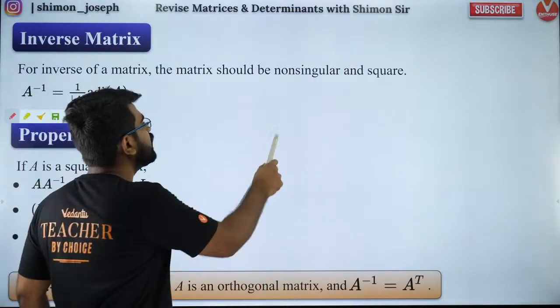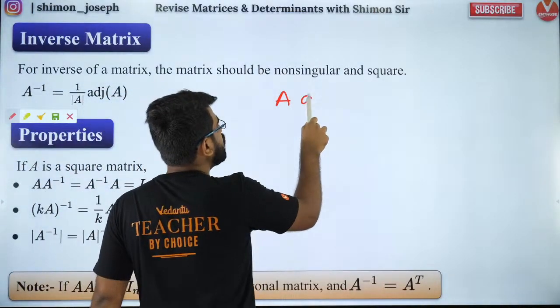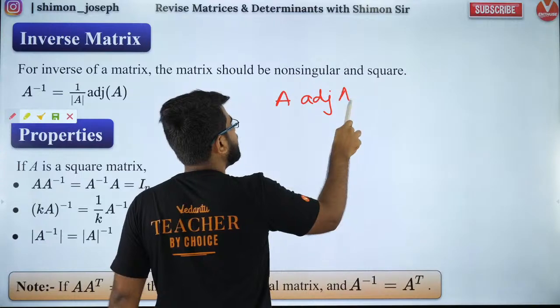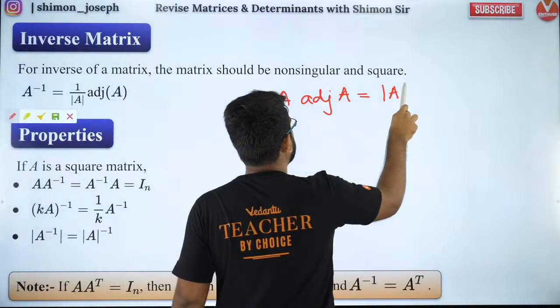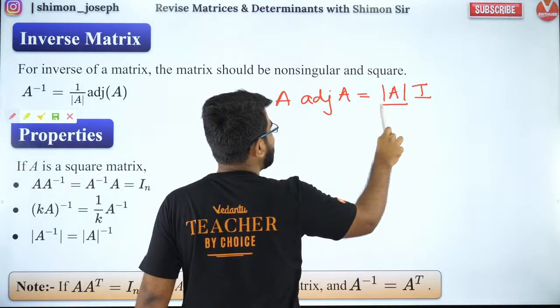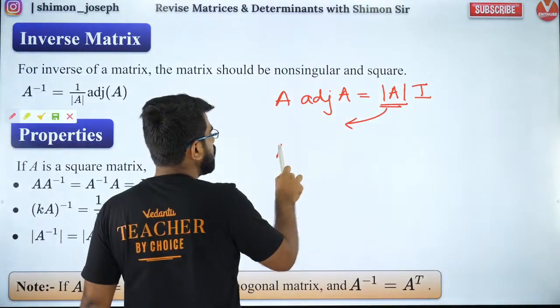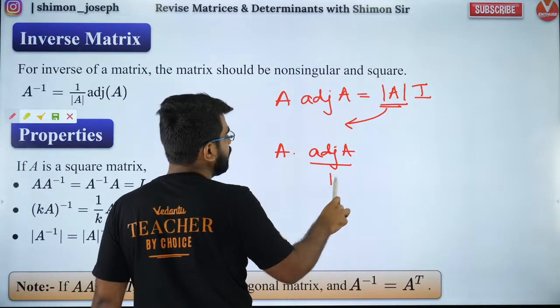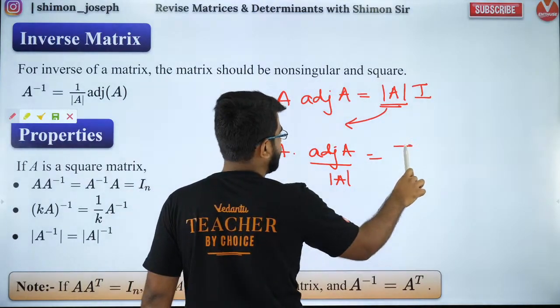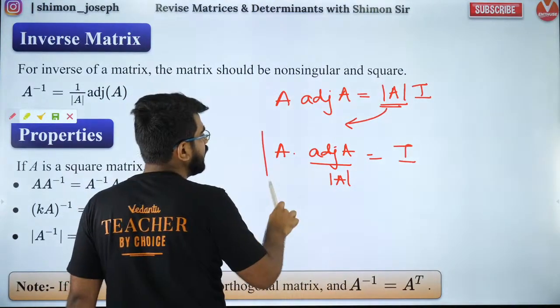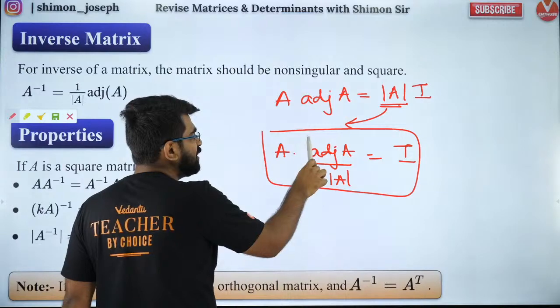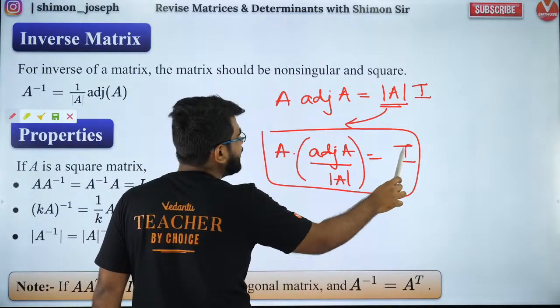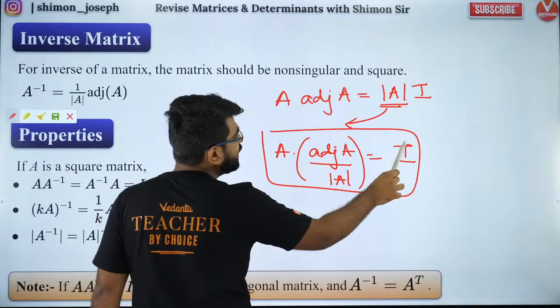I told you in the previous slide, A into adjoint of A is equal to det of A into I. Now this det A, I will bring it down. So I will get A into adjoint of A by det of A is equal to I. Now I am multiplying A with something to get the identity matrix.